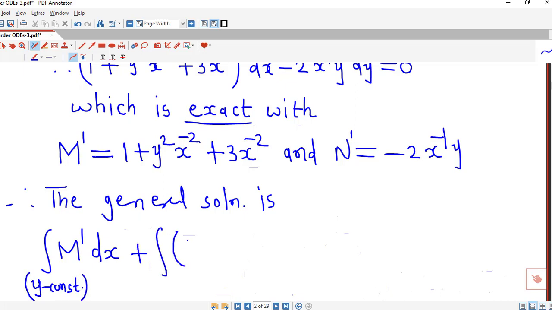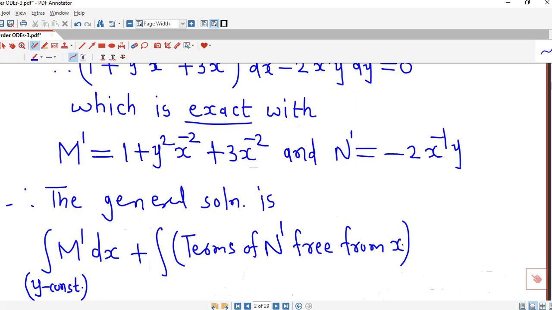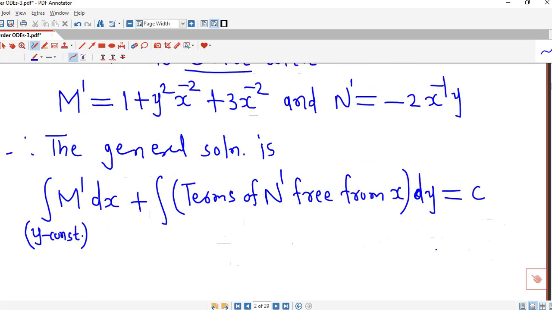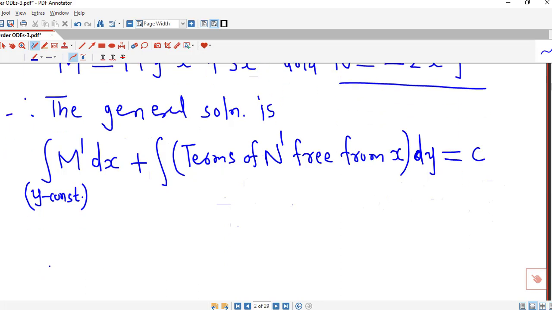Here we write the terms of n dash free from x, or terms of n dash not containing x, integral with respect to y, equal to a constant of integration. Now in n dash there is only one term and it contains x, so there is no term in n dash which is free from x.